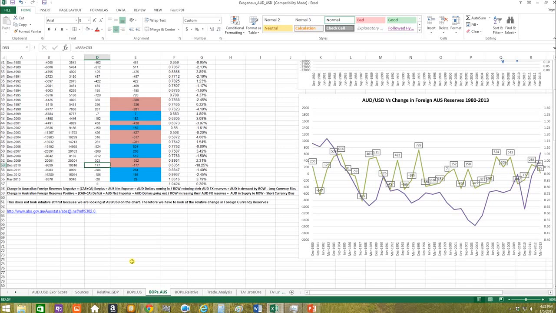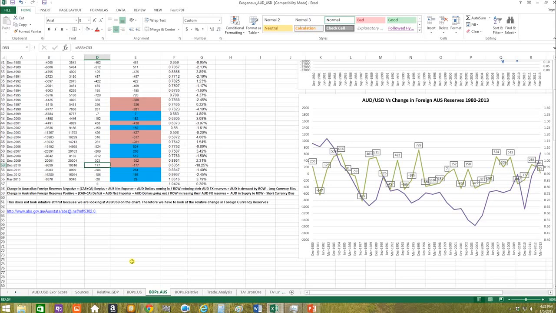That means that Australia is in surplus. So Australia is a net exporter. That means Australian dollars are coming in to Australia, and the rest of the world is reducing their Aussie dollar reserves, which by default means that the Australian dollar across the world is in demand. So we lean towards a static long currency bias.